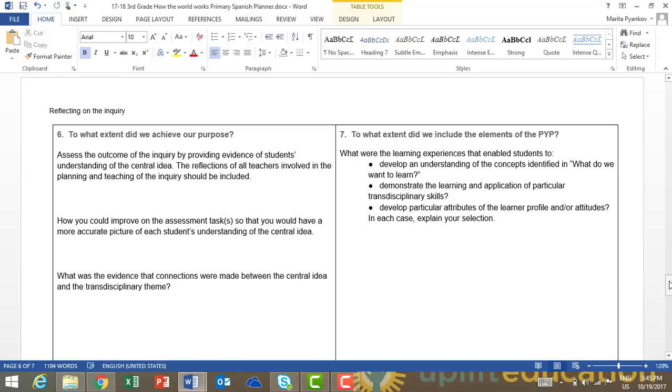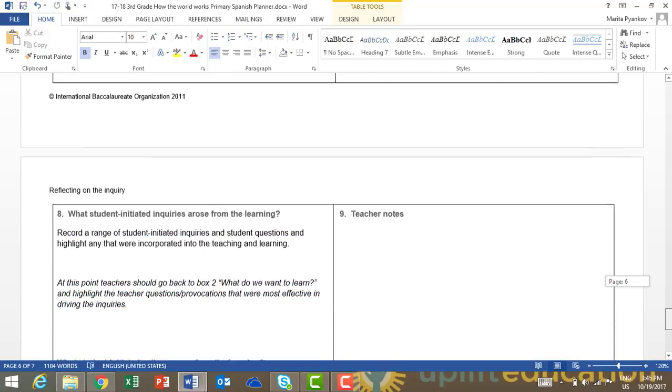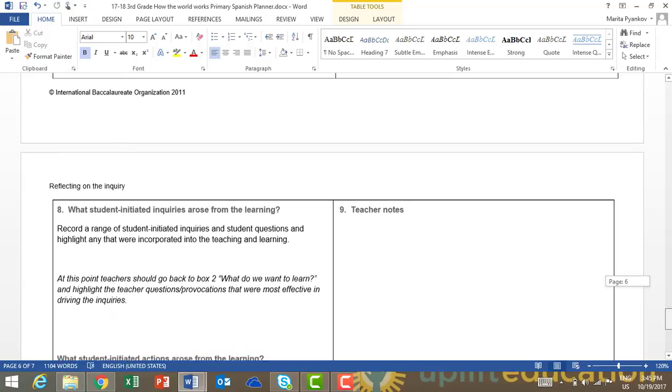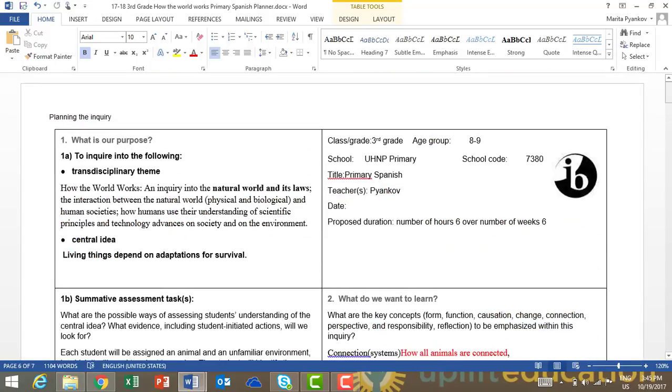If not, what things need to be changed? What things could be improved? So making sure that these are really thoroughly filled out is an important part of the process. Reflection is one of those things that we try to teach the kids, and we have to make sure that we are also engaging in.